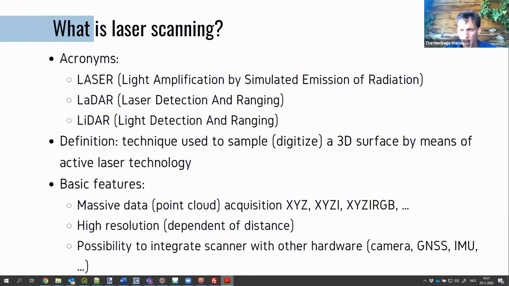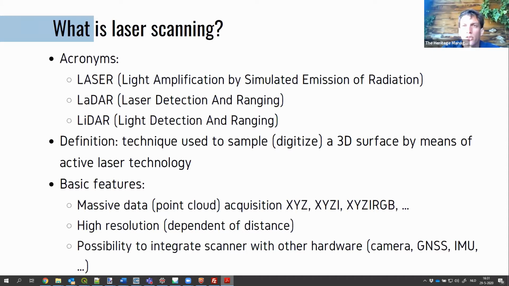So we will use laser light to acquire our data, and the combination of laser and scanning is then laser detection and ranging. That's an abbreviation that you will frequently find in literature, laser detection and ranging, or light detection and ranging. LiDAR is also quite frequent.